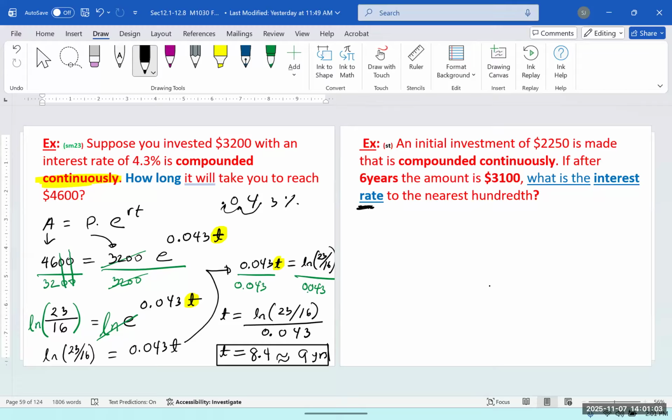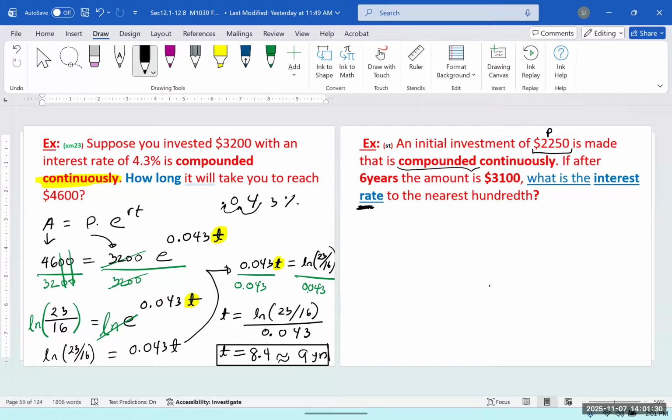The $2,250 turns into $3,100 if you decide to compound continuously and wait for 6 years. So what is 2250? Is it A or is it P? P, the principal you have today.